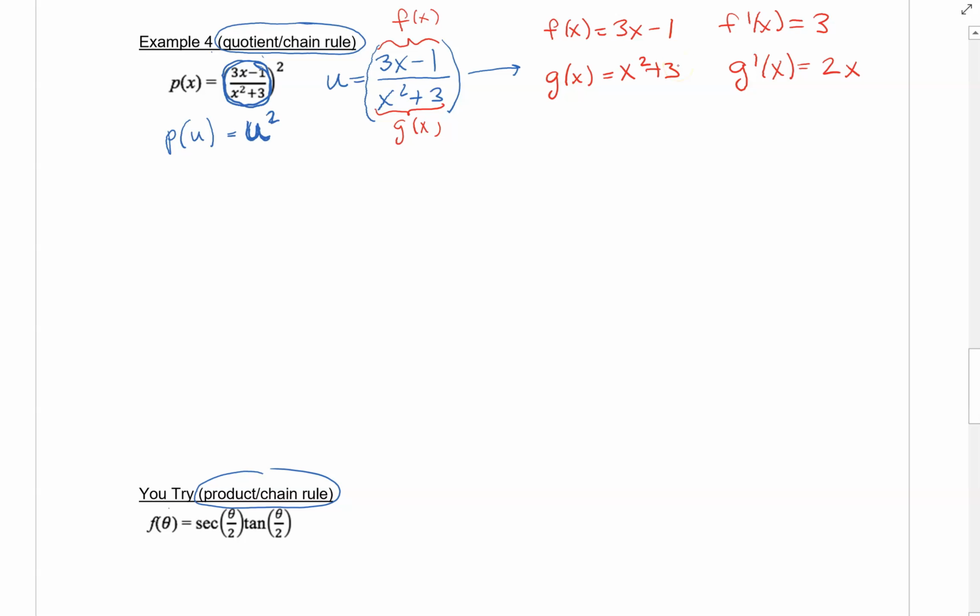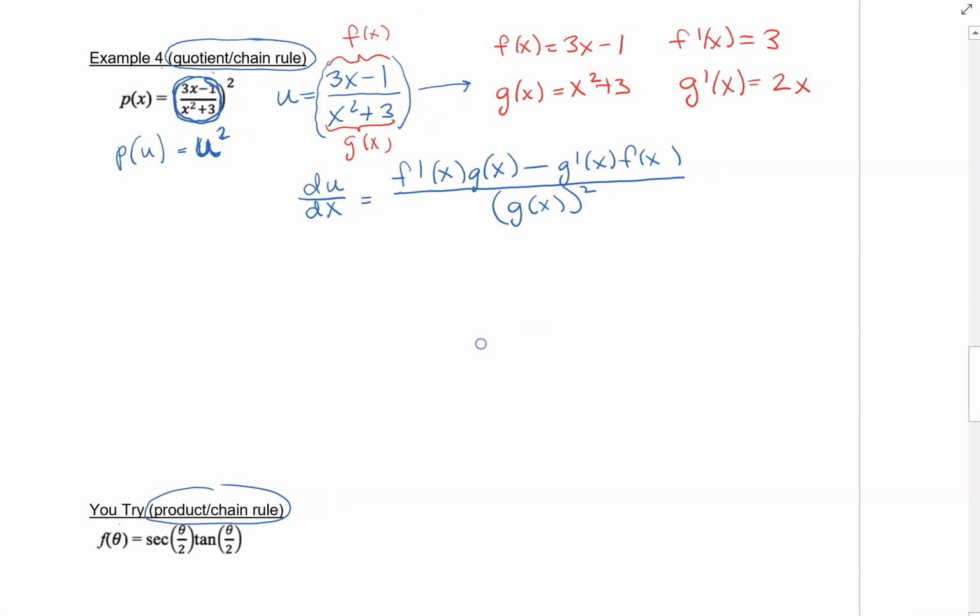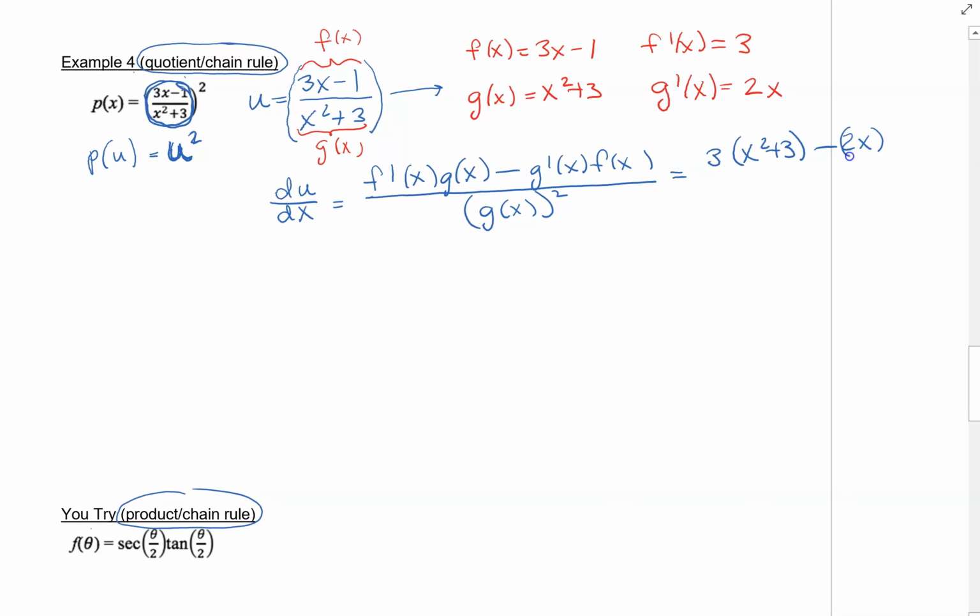Okay, so then for my derivative of u, my du dx, so to speak, from the chain rule, I'm going to do f prime g minus g prime f all over g squared. So in this case, that will be 3 times x squared plus 3 minus 2x times 3x minus 1 all over x squared plus 3 squared.